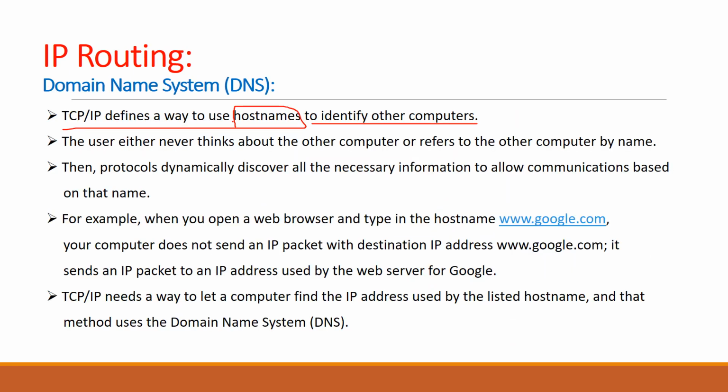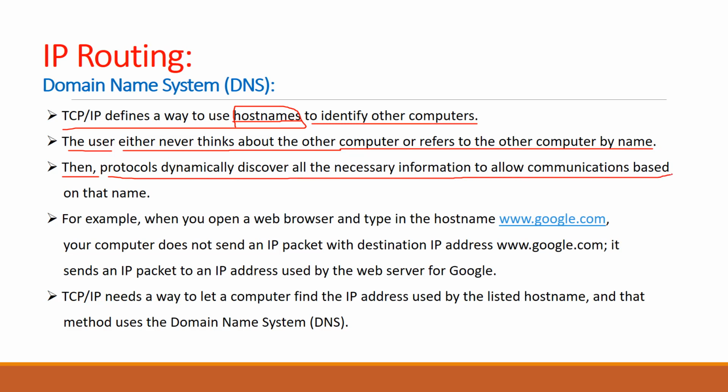Instead, we use host names to identify other computers. The user either never thinks about the other computer or refers to the other computer by name. Then, protocols dynamically discover all the necessary information to allow communication based on that name.